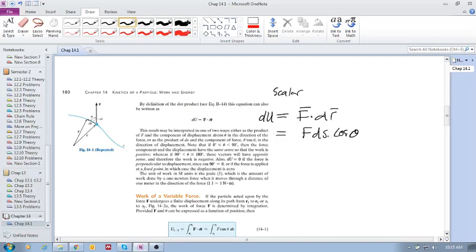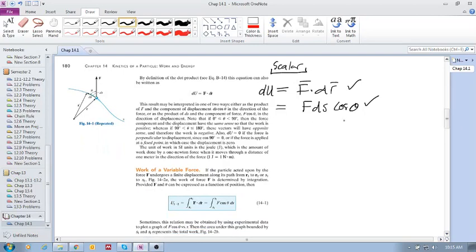Just go and revise the dot product. So both of these are correct. Remember that these are two vectors, but it gives you a scalar. So this is the definition of work. It is the force times the displacement times the cos of the angle between them.